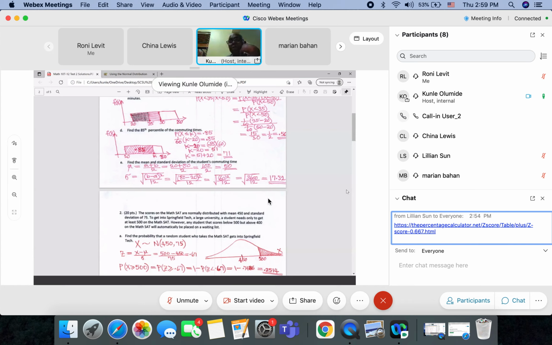Some of you got exactly the answer I got, which is 0.2514, and there are a few people that got 0.2525. So we'll probably give partial credit. It's not too far from the 0.2514 that I got. I was just curious how that many people got 0.2525, and I can't find it in the table. But I did not take points off for that.